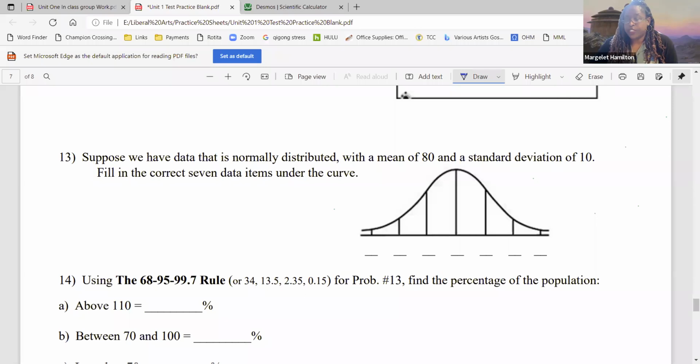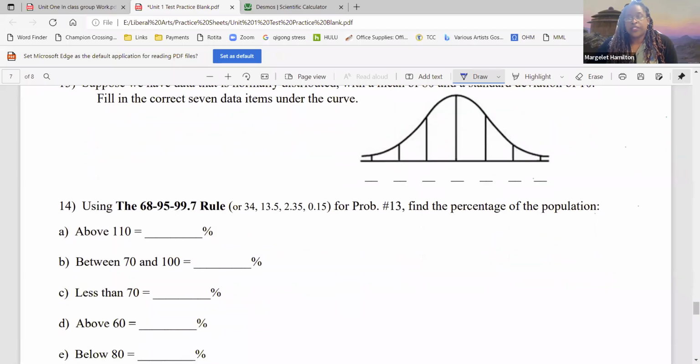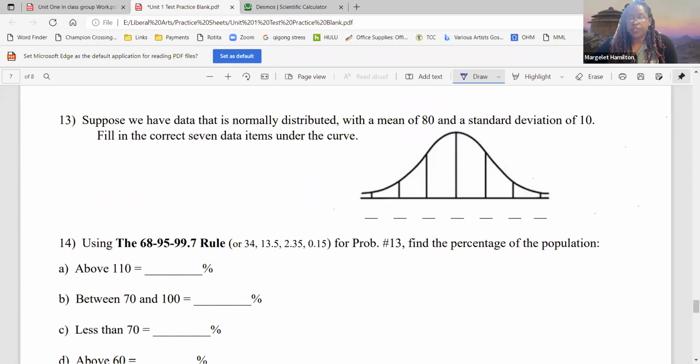Let's get to number 13. We've done some Venn diagram work, and we'll try to see if we can hit that, but I want to make sure we hit our normal distribution curve with our percentages, and make sure we know exactly what they're talking about with these percentages and with our z-scores.